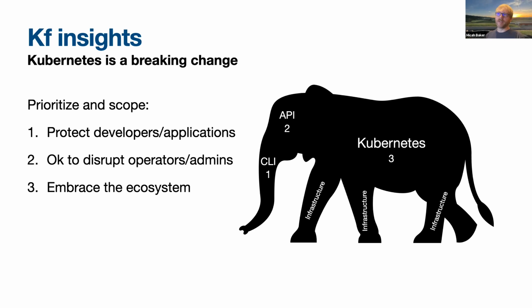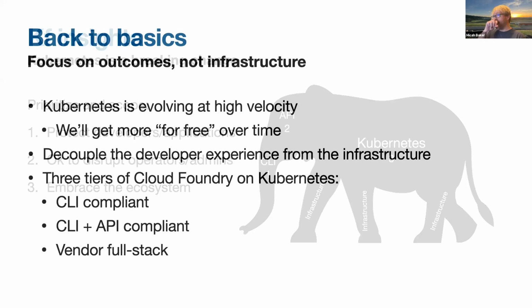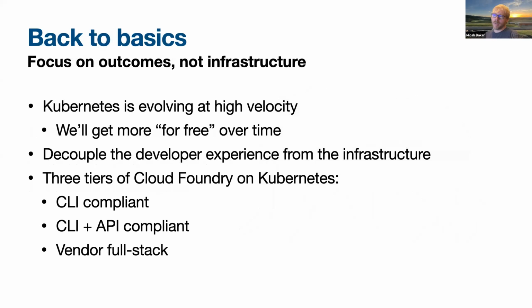That's the stack ranking of our priorities. By focusing on those outcomes, we've been able to reach a higher velocity on just the core features, the minimum viable product approach for KF. And we believe that Kubernetes is still young. It's going through significant change still.